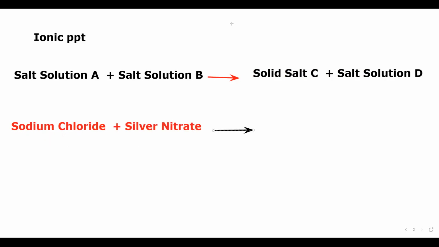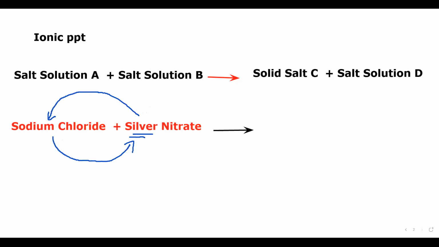Now what will happen when sodium chloride is mixed with silver nitrate? This is called a double displacement reaction. Silver will take the position of the sodium and sodium will take the position of silver. Double displacement, like double change.